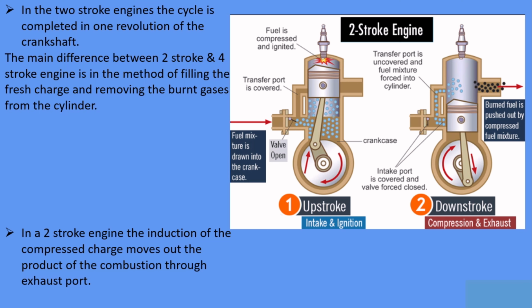The left side picture shows the upstroke, which includes intake and ignition, and the second one is the downstroke, when the piston comes down, with compression and exhaust. So that's the difference. In one revolution, one motion it goes up, the second motion it comes down. So it's the full revolution of the crankshaft.